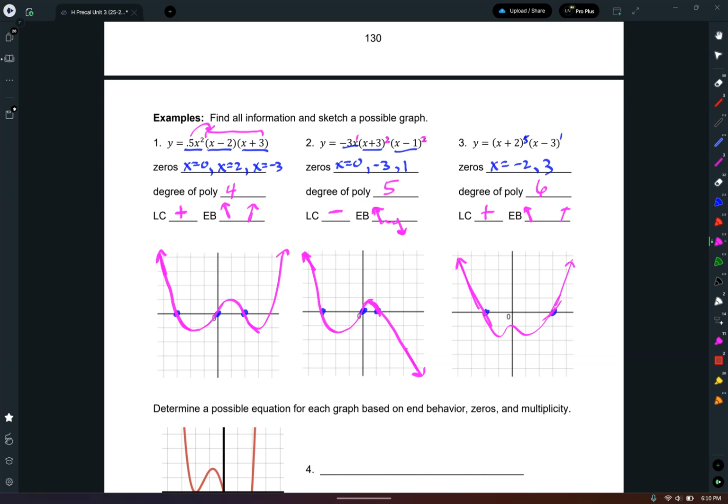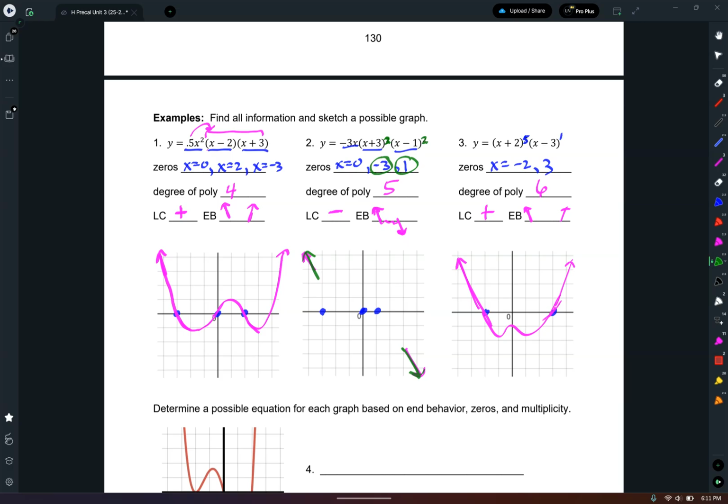Now, let me go back to number 2, talk about the mistake. I'll do it in a different color so you can see. Remember how we said the degree of the x plus 3 is even, and the degree of the x minus 1 is even as well. That means both of those zeros, the one at -3 and the one at 1, are going to bounce because they both have an even degree. So let me get rid of this for just a second. My end behavior is still like I started with here, okay?